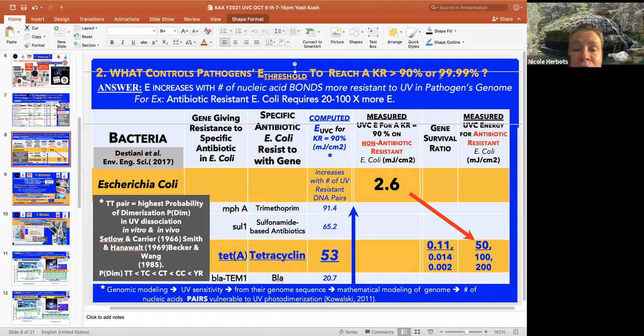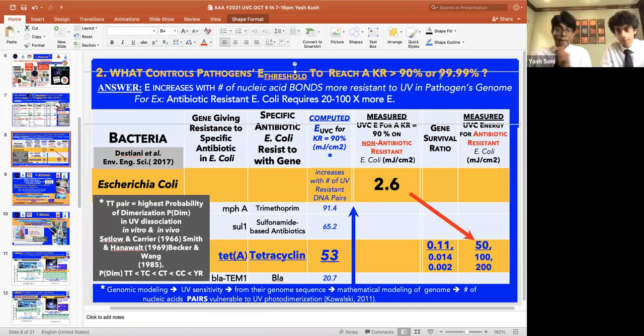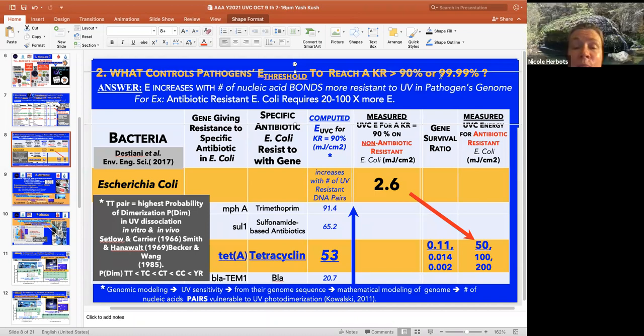So the key point is, what controls this energy threshold if it's not size and the type of pathogen? It is the number of nucleic acid bonds that can resist UV in the pathogen genomes. What it really means is that the bond of some nucleic acid pairs is much stronger than other nucleic acid pairs, molecular bonds. And so boom, they don't break up and you need a higher amount of energy to break the bond.